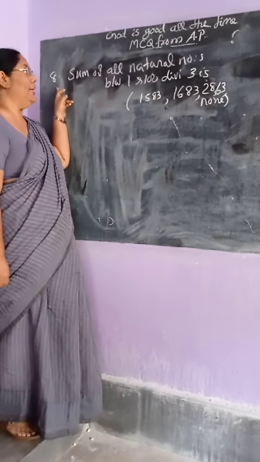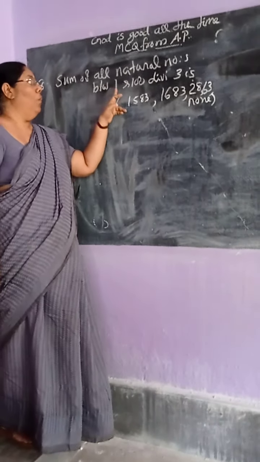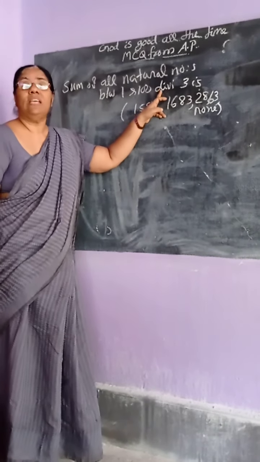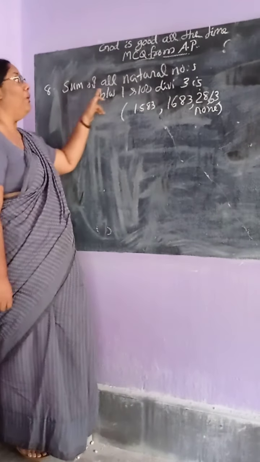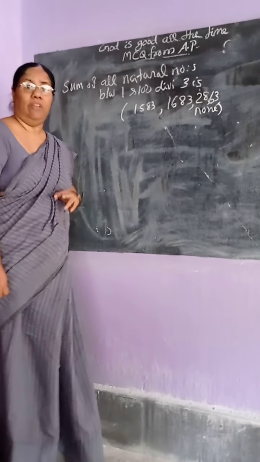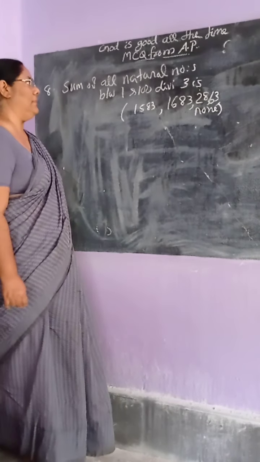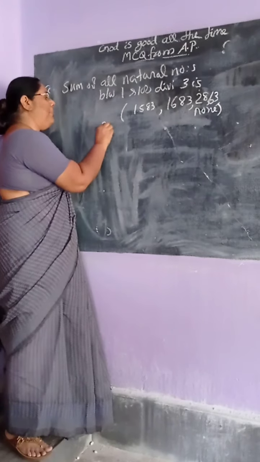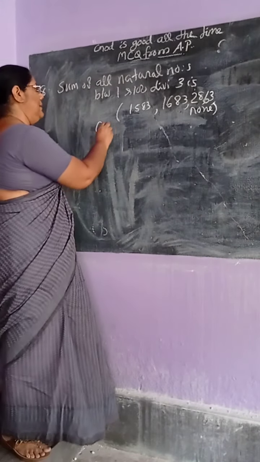Write the 8th question. Sum of all natural numbers between 1 and 100 which are divisible by 3. Can you say the first number divisible by 3? 3 ones are 3, isn't it?